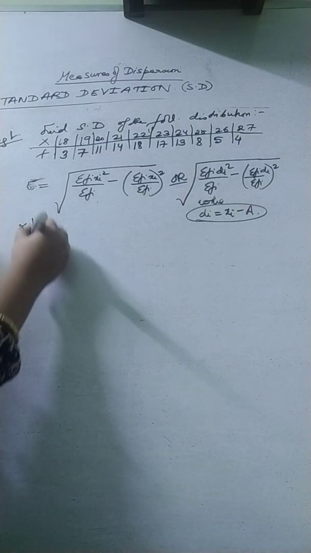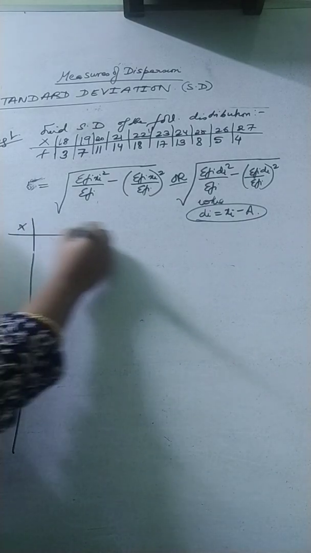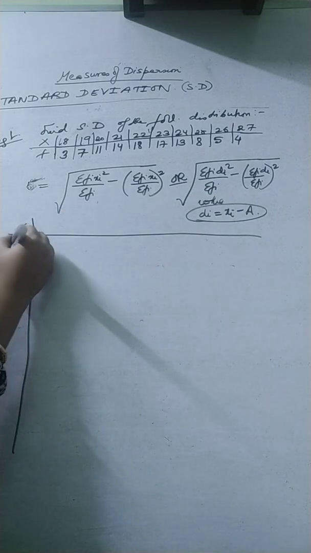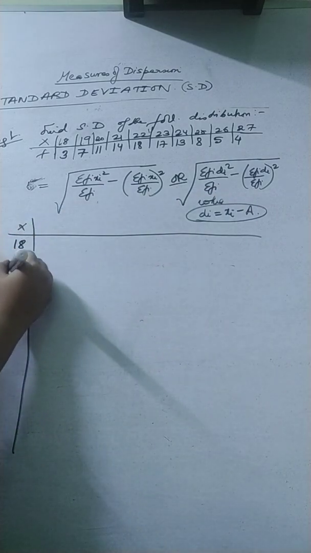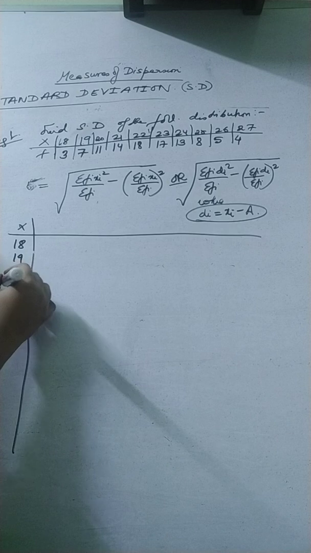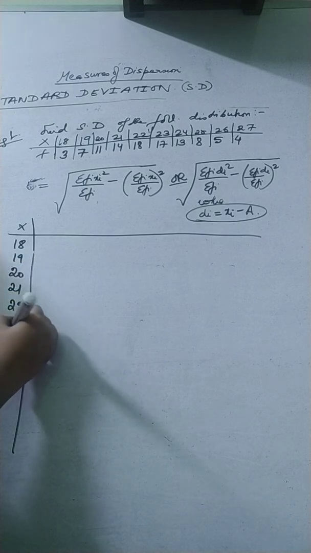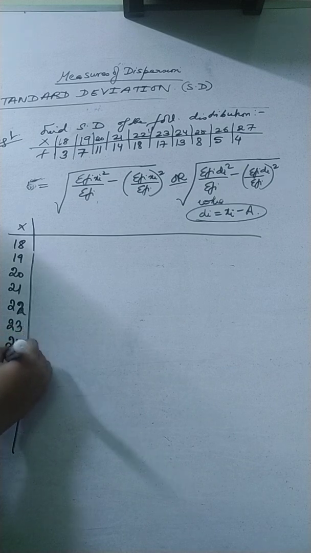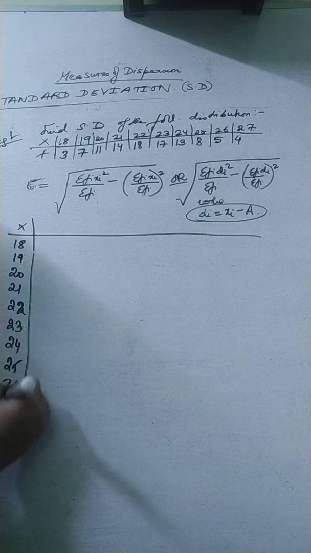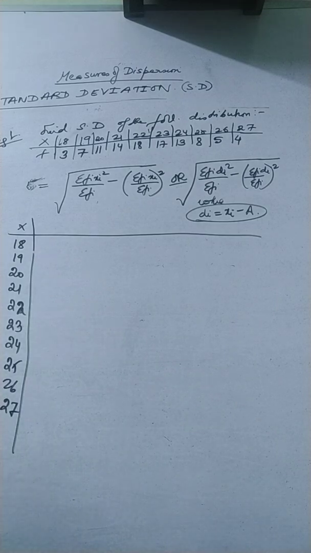So table I'm drawing. X is 18, 19, 20, I hope you can see, yes, 21, 22, 23, 24, 25, 26, till how much? 27. Assumed mean generally we take towards the center, so I think I will take, what shall I take, 23?